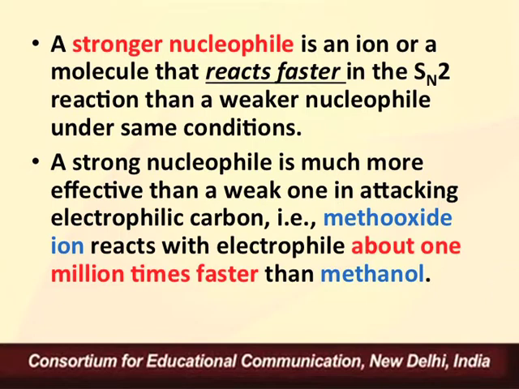Here I would like to take an example of methoxide ion and methanol, which act as nucleophiles when they react with methyl iodide. In this case, we have kept the substrate the same and we have changed the nucleophiles.